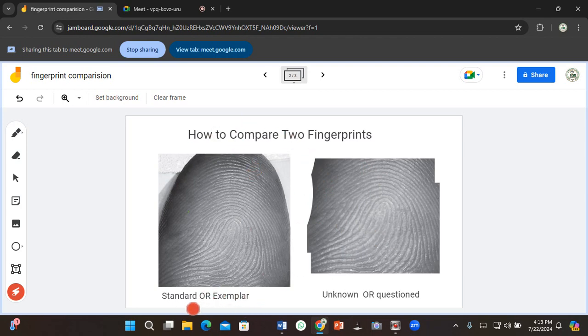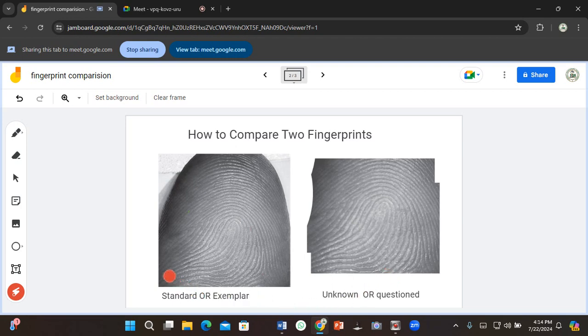Now look at the screen. On our left hand side, we have the standard or exemplar, then we have the unknown or the questioned fingerprint. So we want to compare the two. The first thing for us to do is to see if they belong to the same group. And what are we going to use?